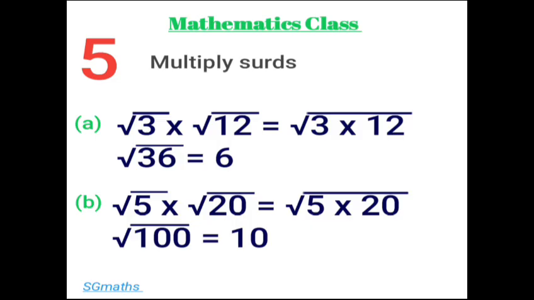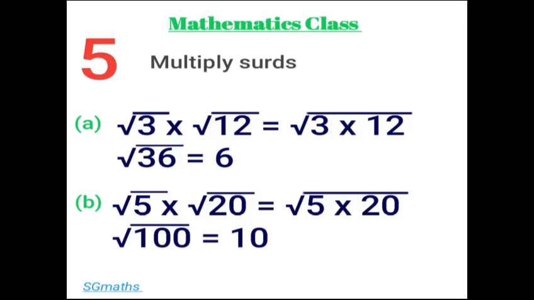So it means that we can get a perfect square from 12, but 12 itself will not give you a rational number. So therefore, when you multiply root 3 by root 12, you have root 3 times 12. Now 3 times 12 gives us what? 36. And when you find the square root of 36, you will get 6, because 36 is a perfect square.